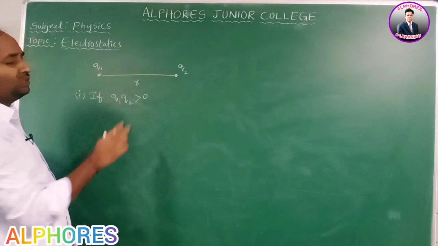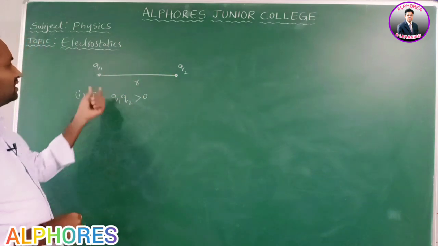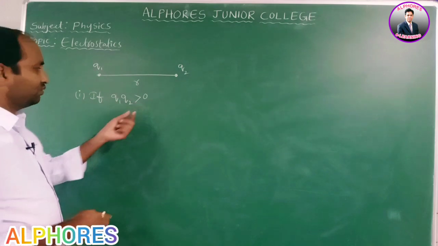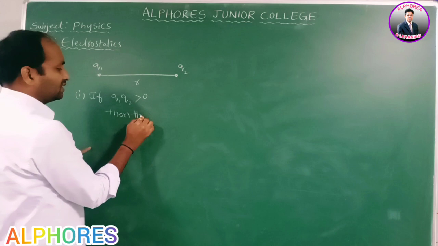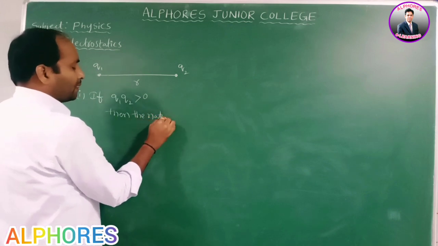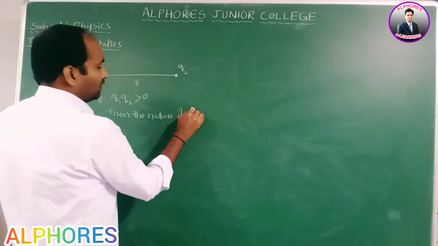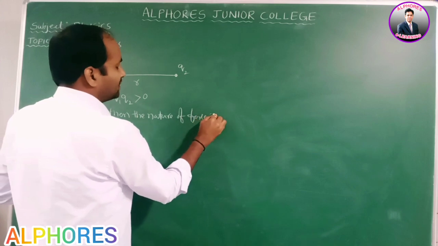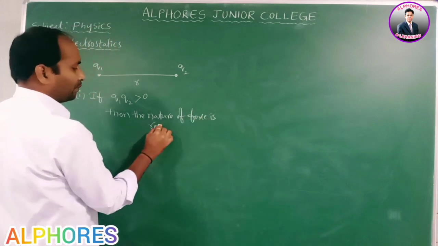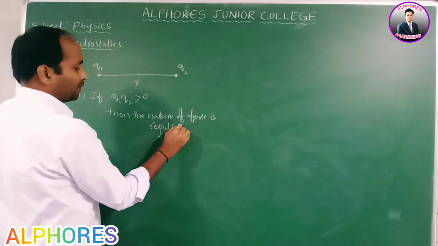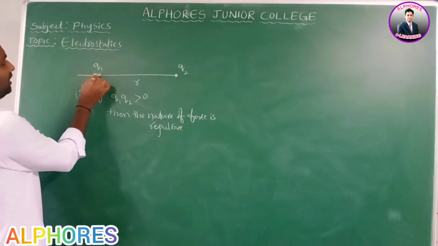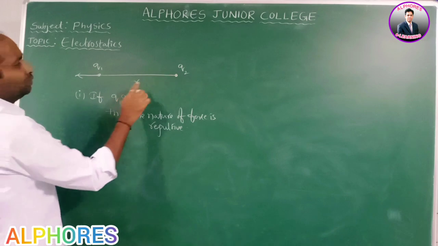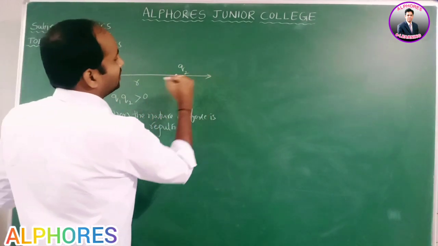It means if Q1 and Q2 are both like charges, the product is greater than 0, then the nature of the force is repulsive. Q1 is repelled by Q2, and Q2 is repelled by Q1.